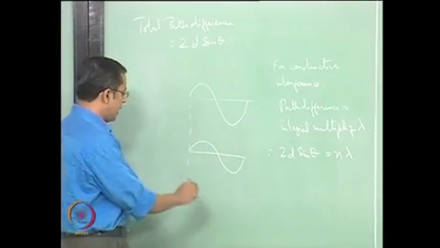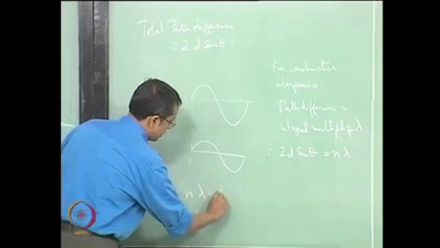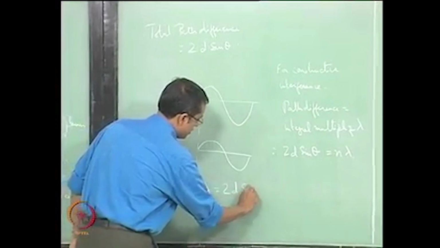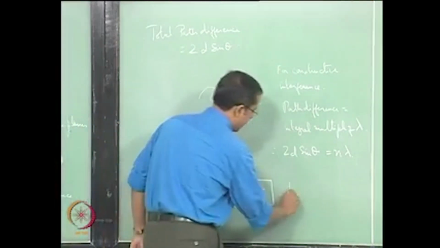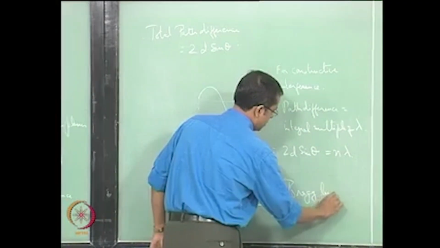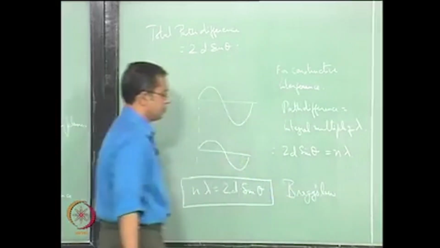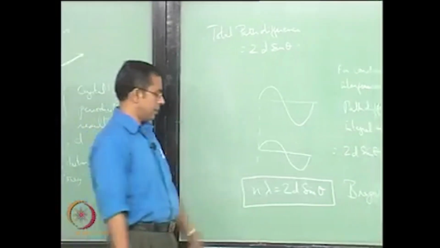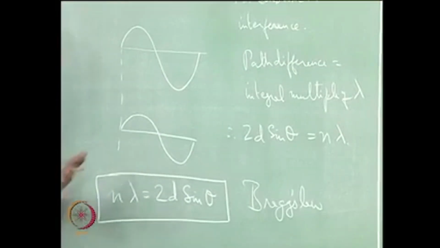Writing it the other way, n lambda equals 2d sin theta. This is Bragg's law, attributed to Bragg.